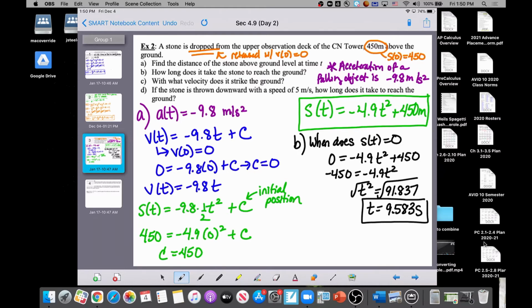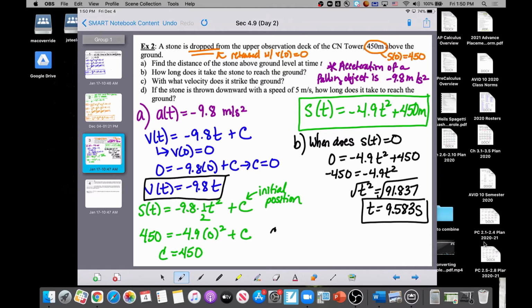Part C asks us, with what velocity does it strike the ground? Well, we just found out how long it takes the stone to hit the ground. It takes 9.583 seconds. Since we already have a function for velocity, here's our velocity function right here.